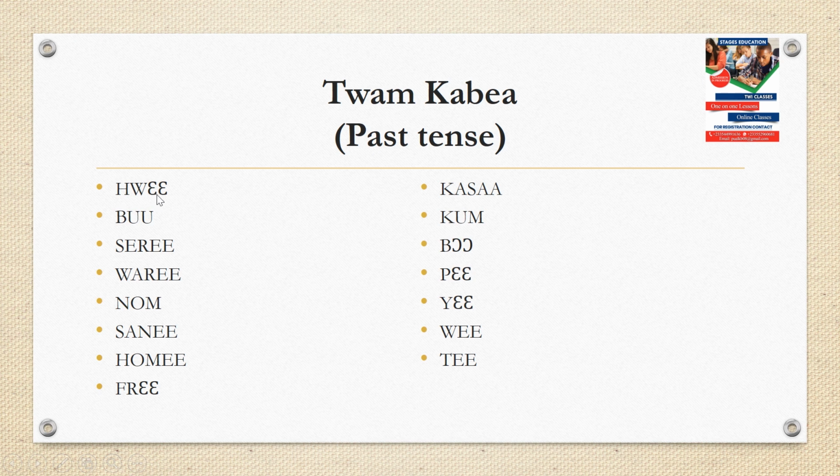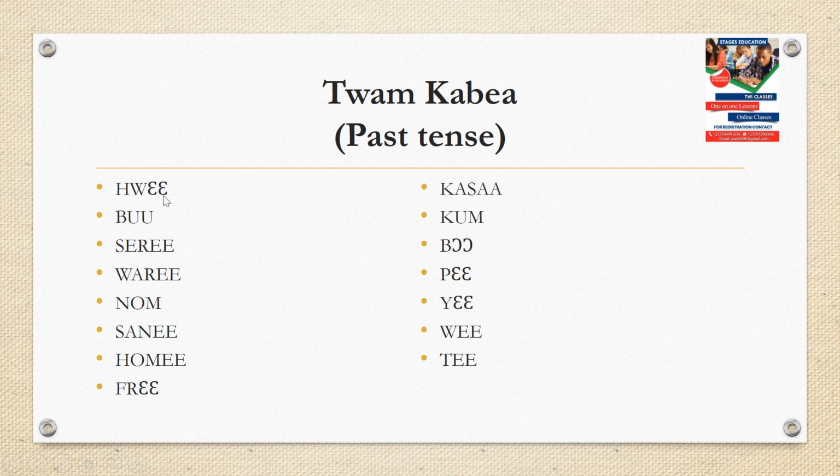And what is the similar thing? You would see that most of the verbs end with a vowel. So u, e. Then when we end with a consonant, we'll know what to do. Then a. This one also ends with a consonant. We'll know what to do here. O, e, and a.